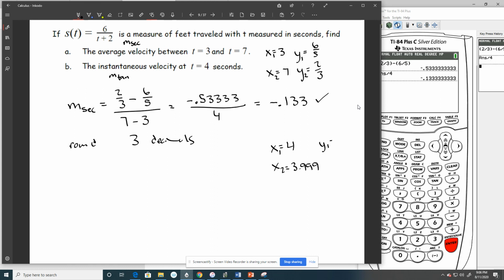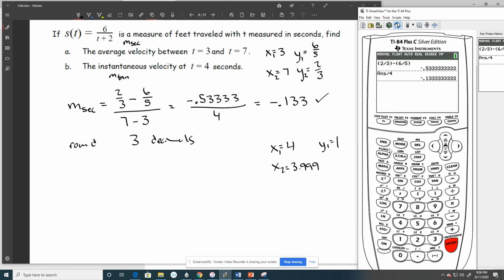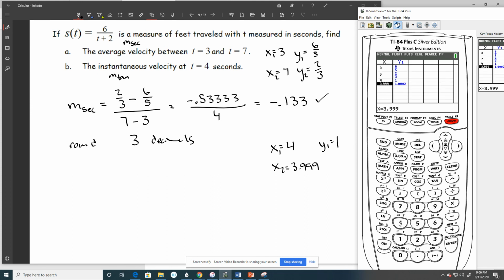So my y1, when x is equal to 4, is 6 over 4 plus 2, that's just 6. So 6 over 6, my y is equal to 1. When x is 3.999, I don't want to plug that in. I'm just going to use my calculator. So I'm going to go to my table. We could double check 4, make sure we did it right. Yep, it's 1. And then let's plug in 3.999.